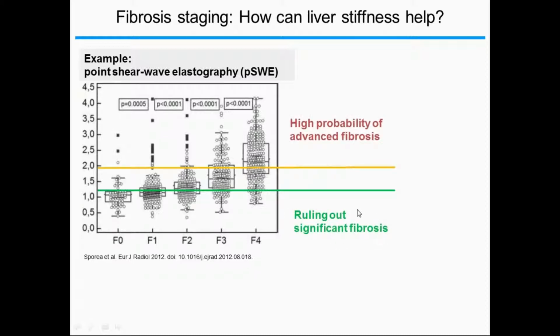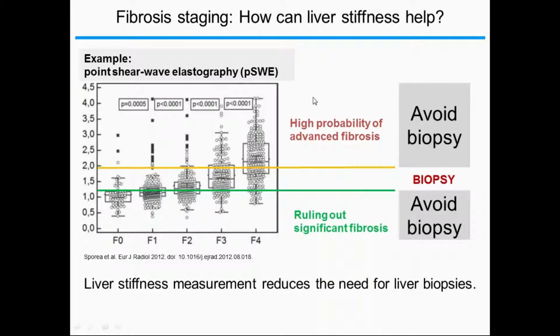There's a portion of patients where we can rule out significant fibrosis with high confidence, and another portion where we have a very high probability of advanced fibrosis or cirrhosis. So in all these patients, we can avoid liver biopsy when using liver elastography.